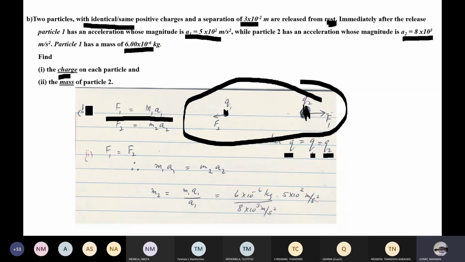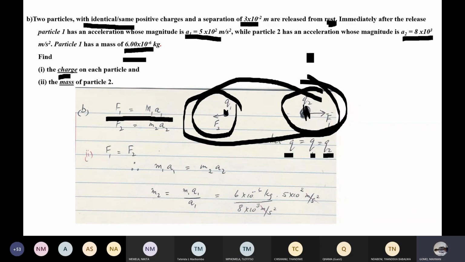So you can calculate F between these two particles by using F is equal to ma, like this. To calculate F associated with this and F associated with that, you can just use F1 is equal to m1 a1, where M1 will be this and A1 will be that. Then you can calculate your F1. For your F2, it is equal to M2 and A2.